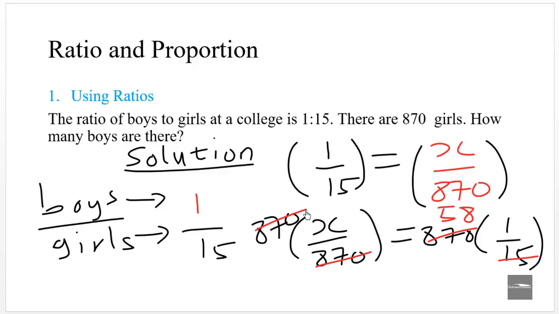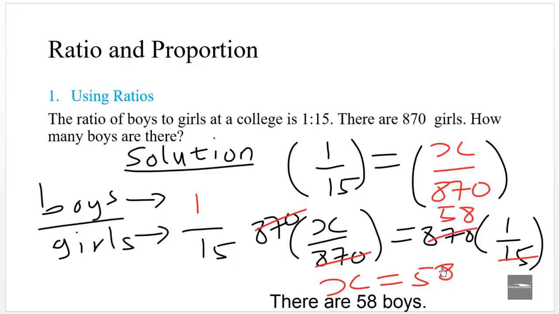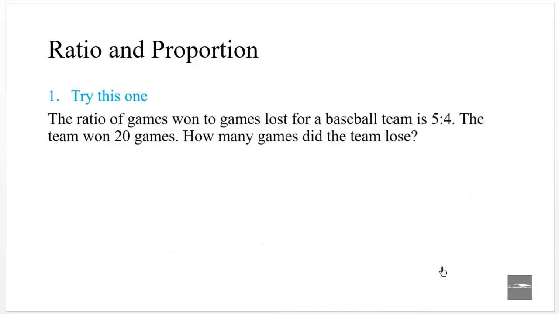Therefore, we have x equal to 58. Hence, there are 58 boys. Now, here is something for you to try. Try this one and let me see your answers in the comments.